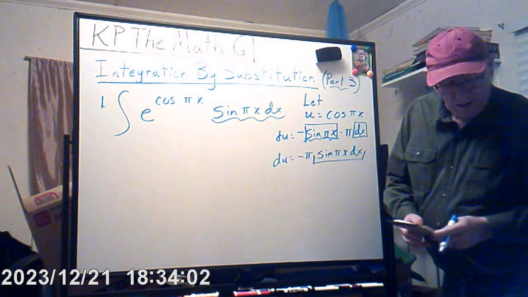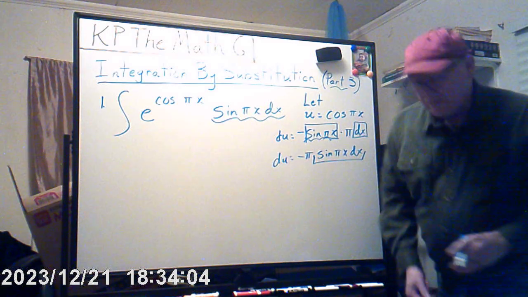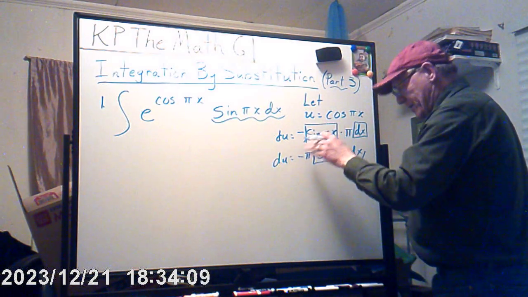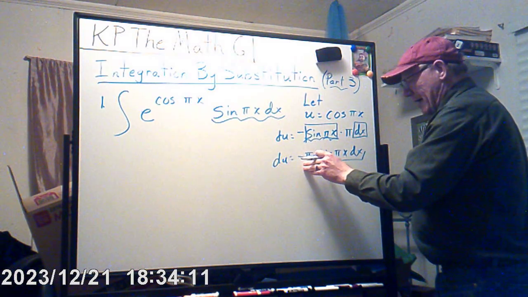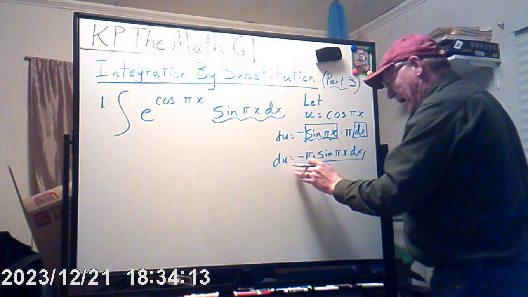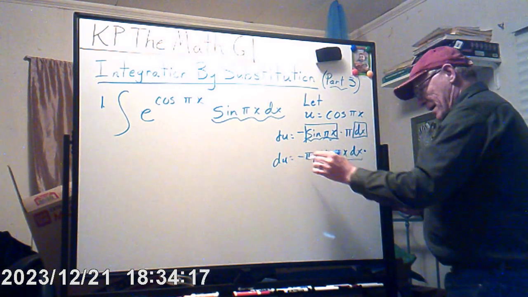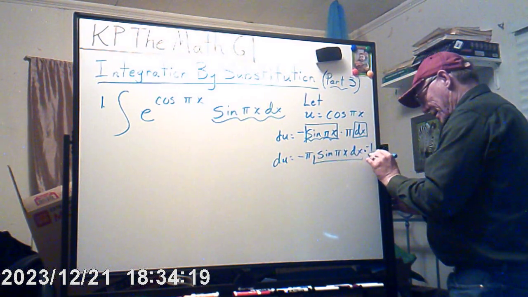So remember, when you have too much, it can't be a variable, it can be a coefficient or whatever, but I can simply get rid of this by multiplying both sides by negative 1 over pi.